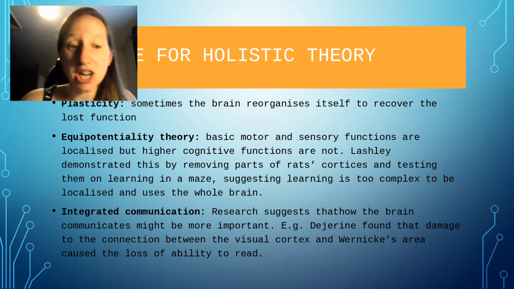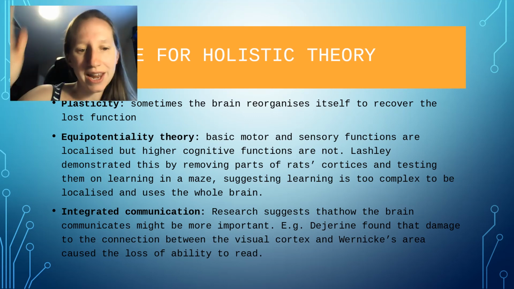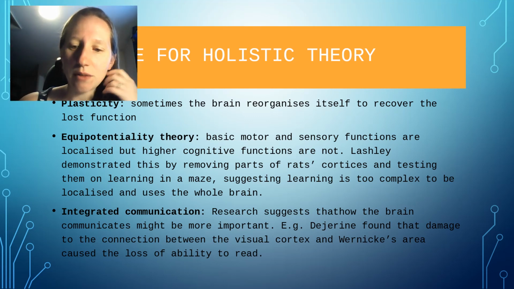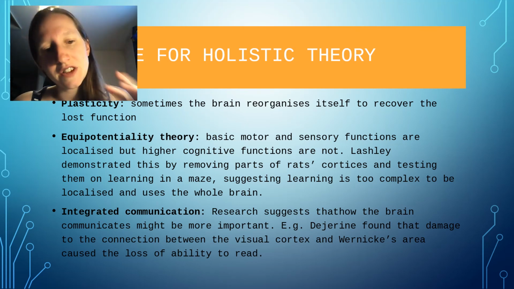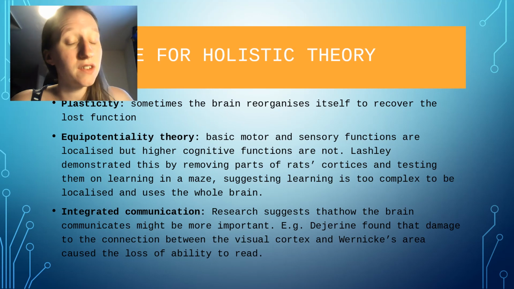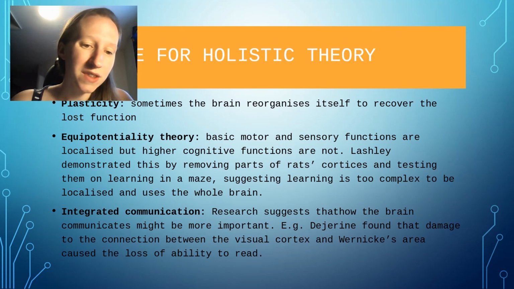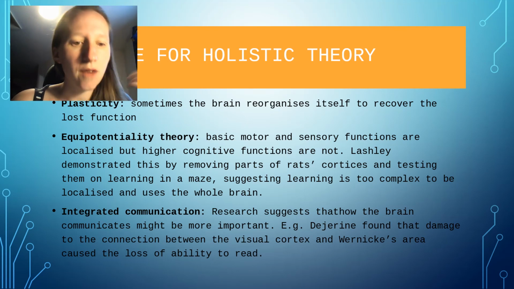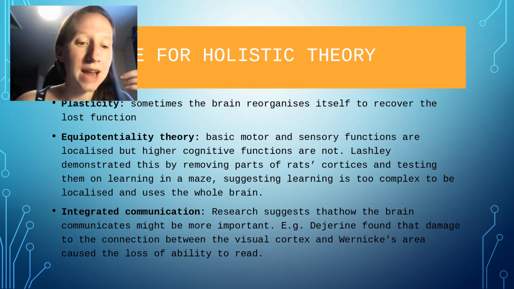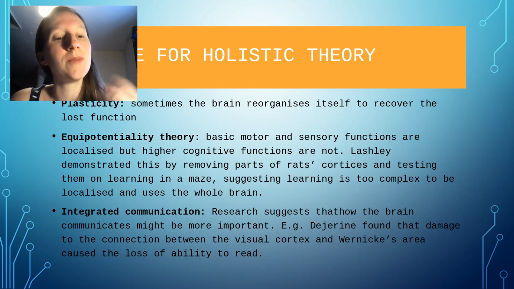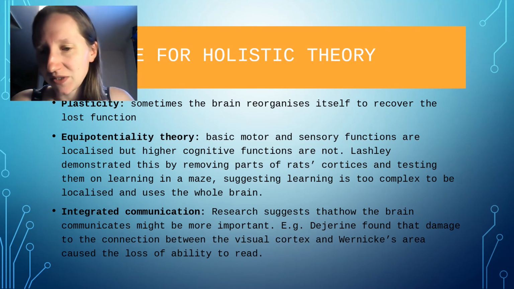If you damage any one of the connections between them, that would cause the loss of the function. So this integrated communication idea suggests that we shouldn't be saying this bit of the brain causes this action. We should be looking more at the process of how messages move around the brain and how the whole brain works together and communicates to perform specific tasks. Okay, that is the end of this particular topic.